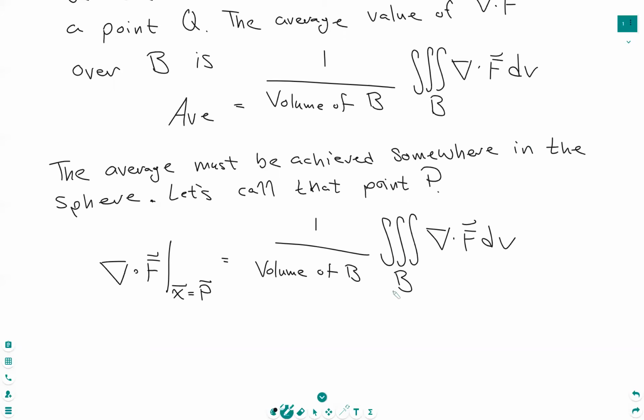So we have some divergence of F. We're finding the average of it, and it has to be achieved somewhere inside that sphere, and we'll just call that point P.